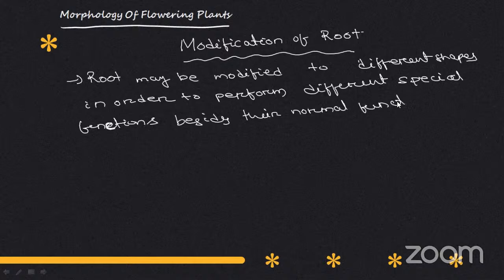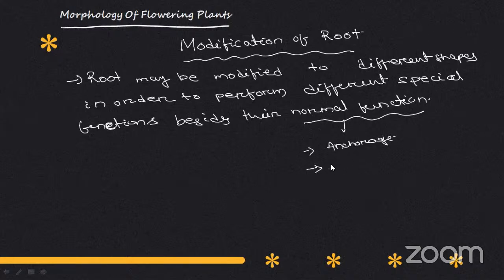They are doing some other functions apart from the major normal function. And as you know, the normal function of the root is the anchorage, which helps the plant hold firmly in the soil.